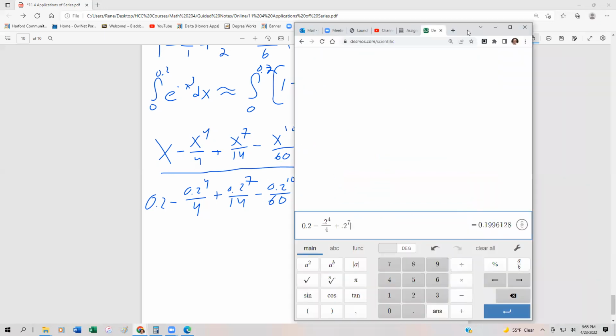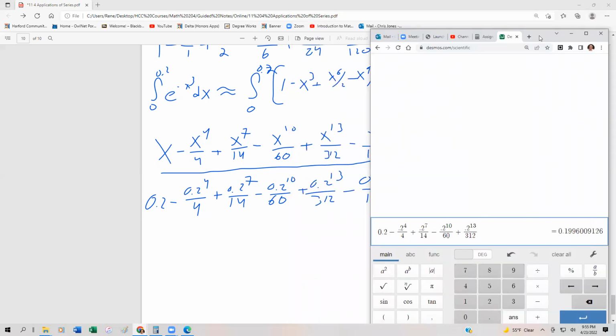So divided by 14, minus 0.2 raised to the 10th over 60, plus 0.2 to the 13th divided by 312.